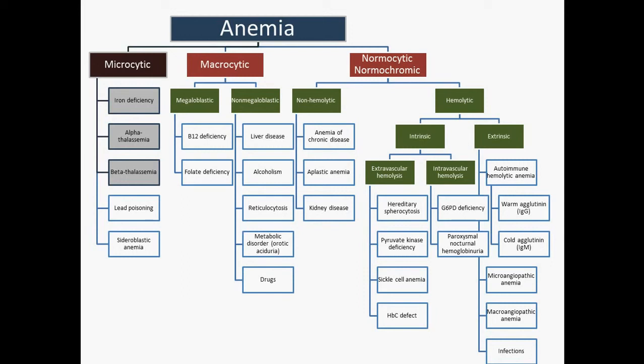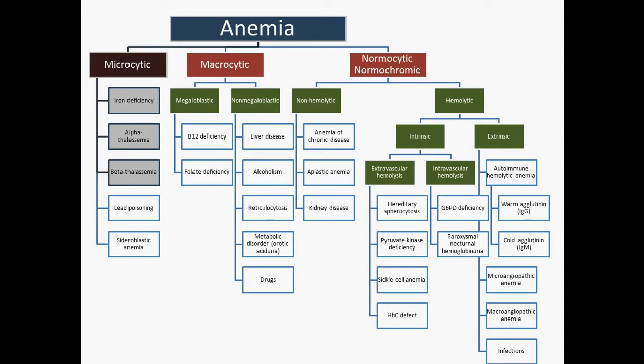But if you have three genes that are deleted, then you're going to end up having HbH synthesis. HbH is another form of hemoglobin monomer, and so if you have deletion of those three genes, then you get HbH disease.